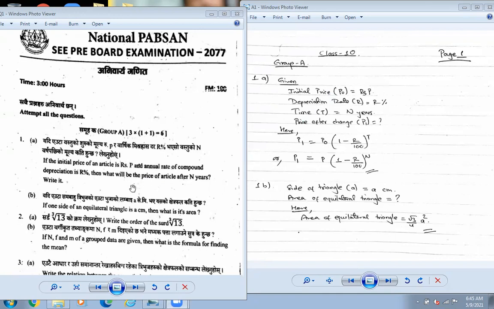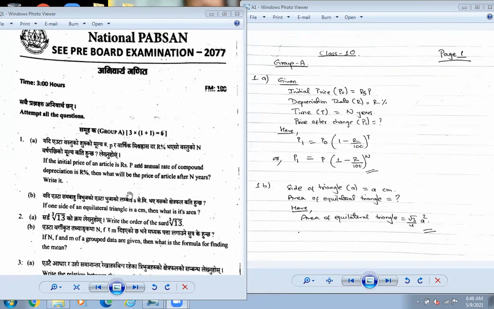After n years, the price has already been changed. Initially the price was rupees P. After change, the price has decreased, and that is P1. So whatever comes at the start we call P0, and whatever comes last we call P1.